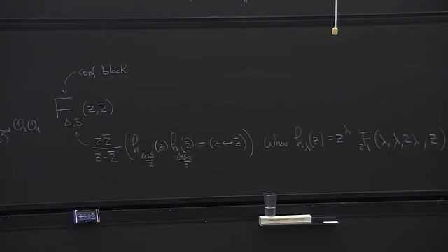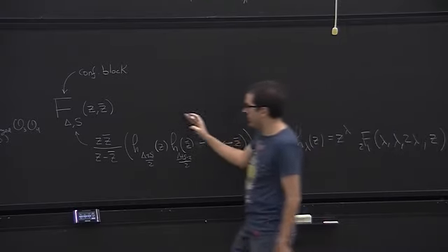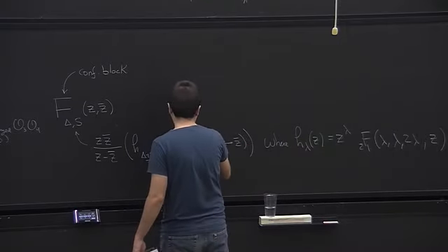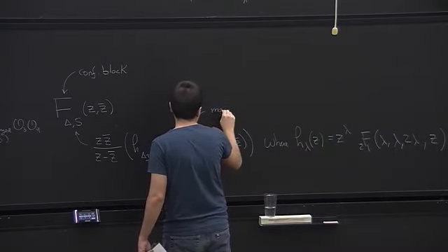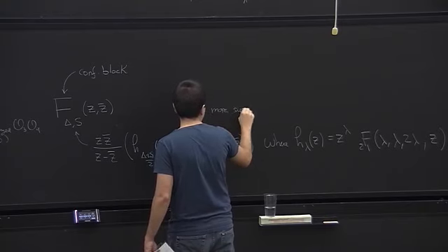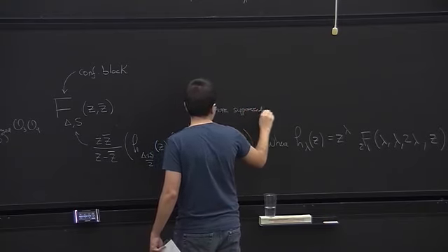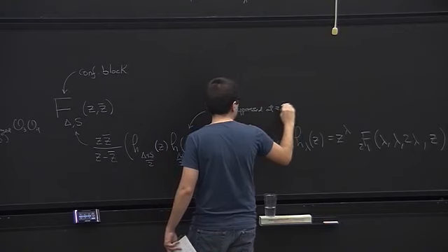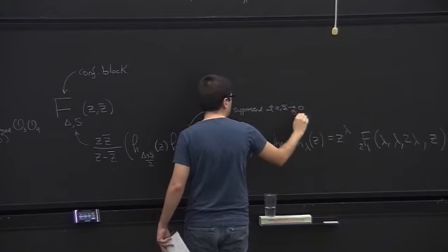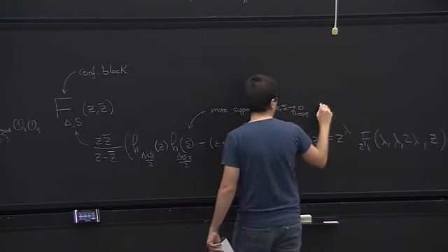Now, these functions, these guys are more suppressed as z bar goes to 0, which I remind you is the OPE limit, for large dimensions.